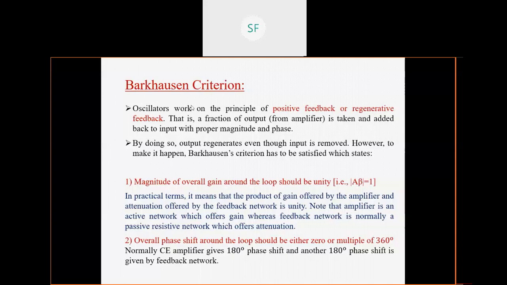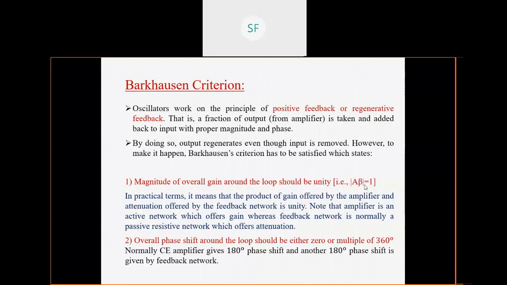So in Barkhausen criteria, there are two conditions. The first condition talks about the magnitude, and it is also called the magnitude condition, and the second is the phase condition. In the magnitude condition, you have to remember: mod of A beta should be equal to 1, where A is the gain of the amplifier and beta is the fraction of the feedback network.